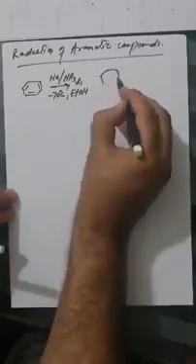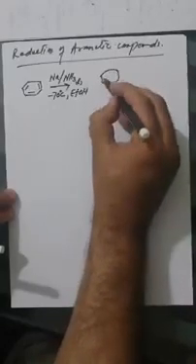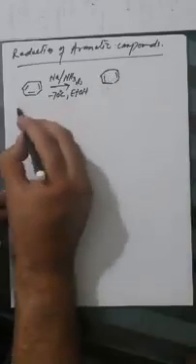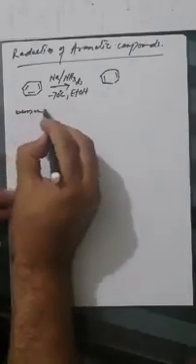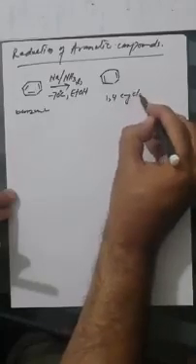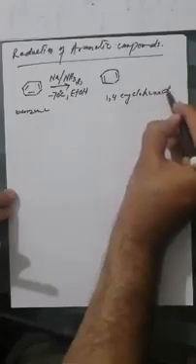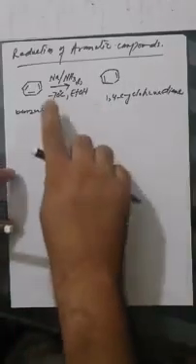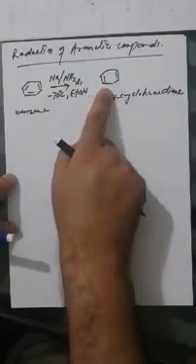So benzene is converted into 1,4-cyclohexadiene. You see that only partial reduction has occurred.